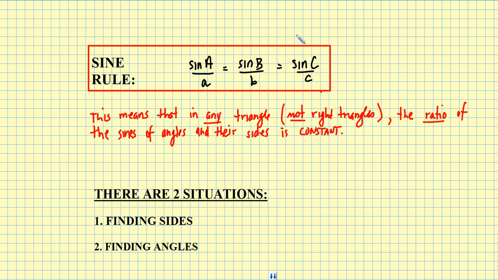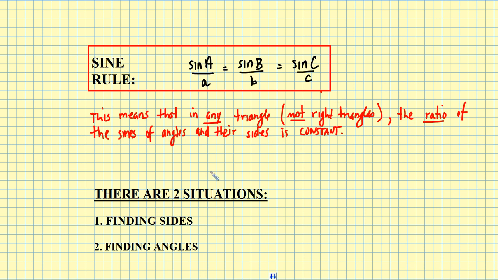So if I take the sine of angle A and divide it by its opposite side A, it would have exactly the same ratio as taking the sine of angle B divided by its opposite side, and the same ratio as taking the sine of angle C and dividing it by its opposite side, C. So the ratio of the sines of the angles and their sides is going to be constant, or the same.